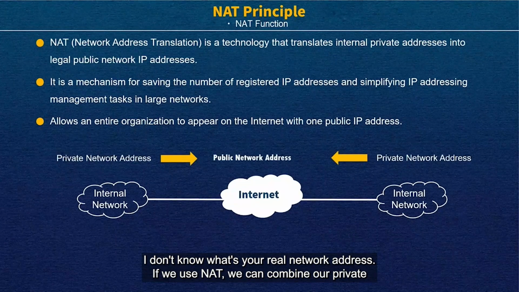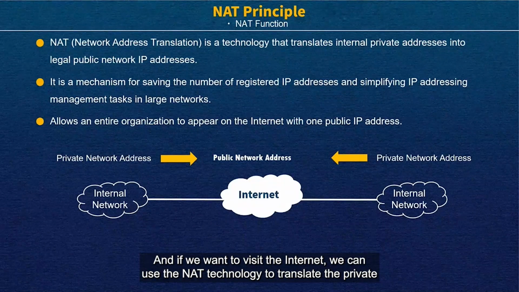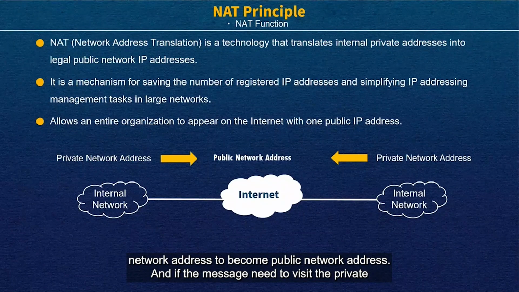So if we use NAT, maybe we can combine our private networks, the headquarters and the branch, together. And if we want to visit the internet, we can use the NAT technology to translate the private network address into a public network address.